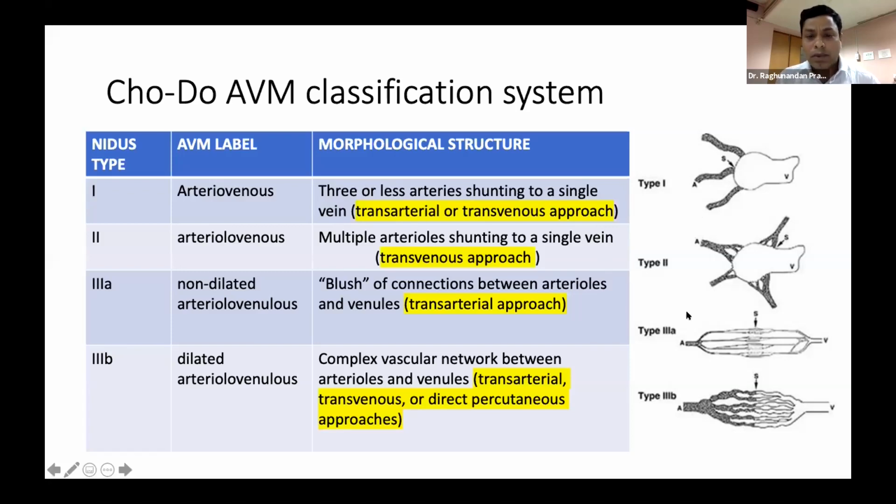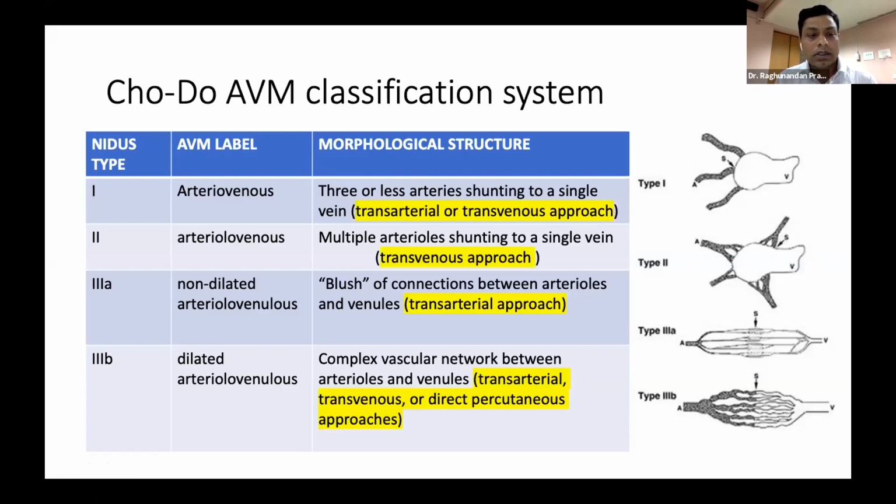Coming to the type 2 lesion, there are multiple arterioles communicating with a single vein. Here again the transvenous approach is best, because these arterioles are quite small in diameter, and most of the time it's very difficult to deposit the embolic material into them. So it's better to treat these lesions by a transvenous approach.